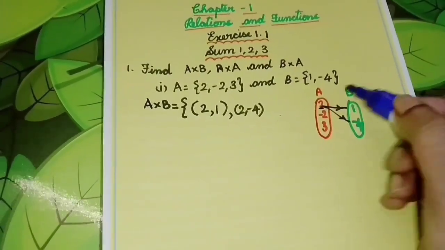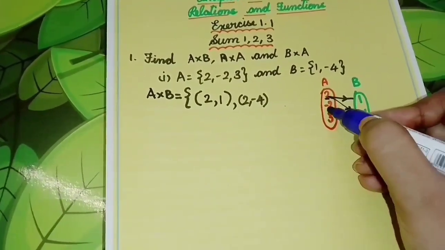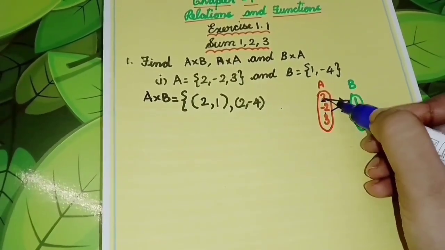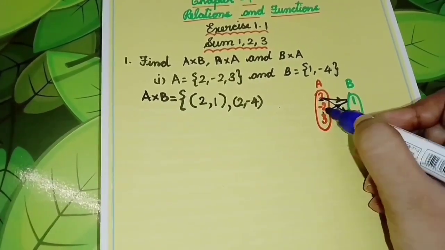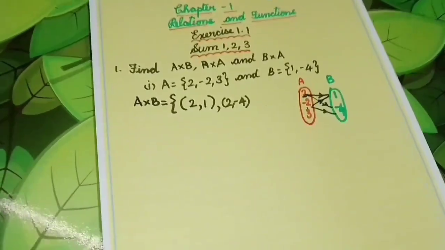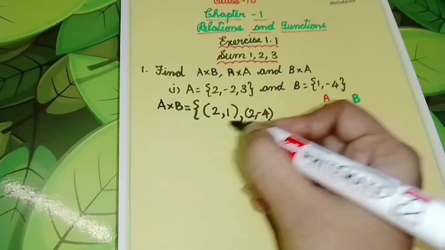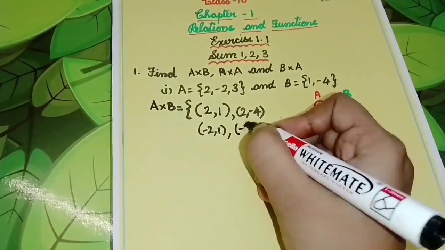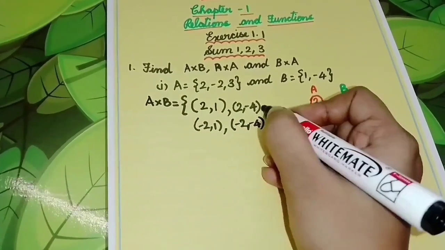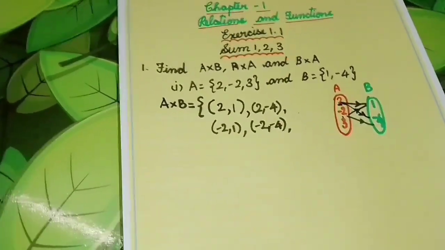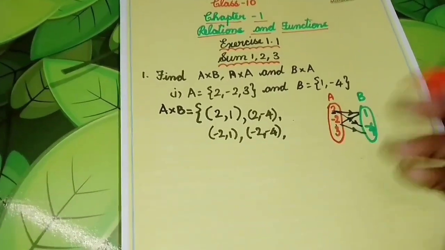Okay, now we'll go to the next element, minus 2 in set A. Minus 2 will again pair with 1 and minus 2 will pair with minus 4. So our next two elements will be minus 2, 1 and minus 2, minus 4. Got it? Okay. What is the last element in our set A?